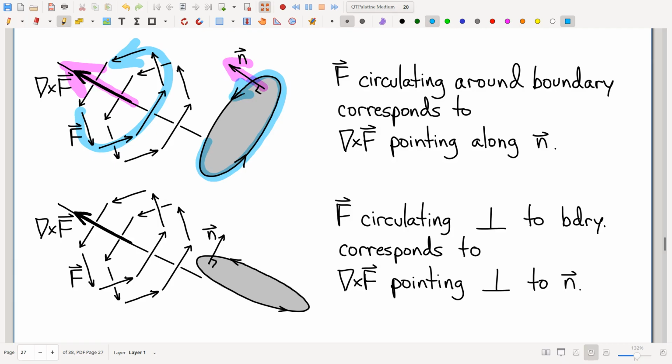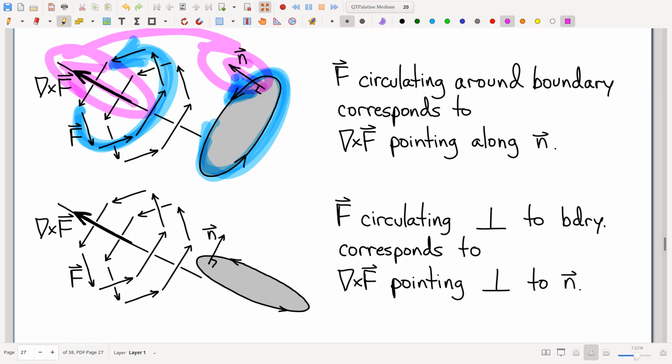And I'm going to say appeal by picture. Notice that it is kind of because this circulation is, loosely speaking, going around in the same direction that that boundary is. That's why these two vectors here are pointing kind of in the same direction.